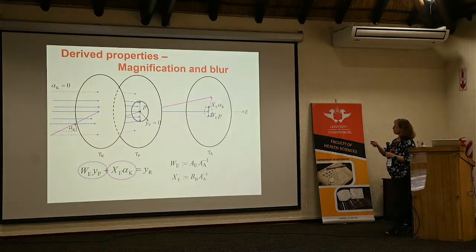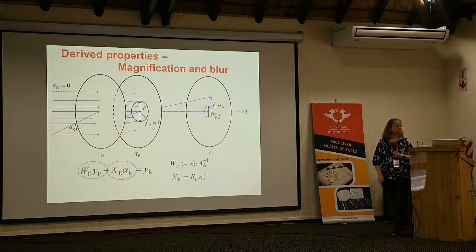So this dashed pink line gives us the image size on the retina, and that is going to be XE alpha K. When you're working with the chief ray, in other words YP equals 0, this component gives us the image size.